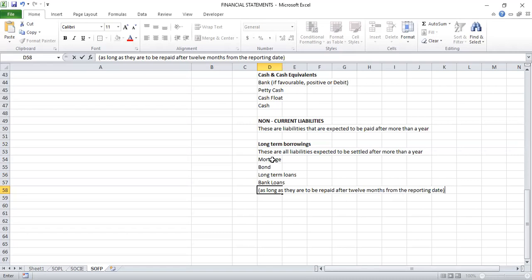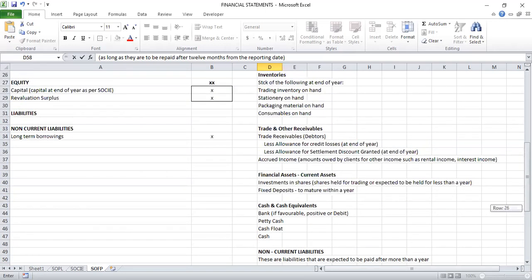So as long as they are going to be paid after 12 months from the reporting date, then it's a long-term borrowing. So we batch them together and call them long-term borrowings.